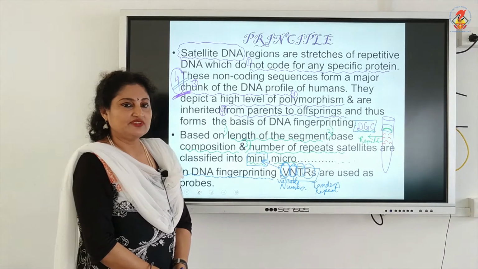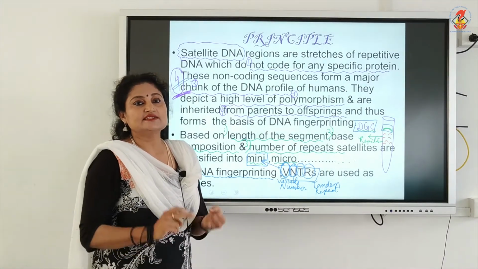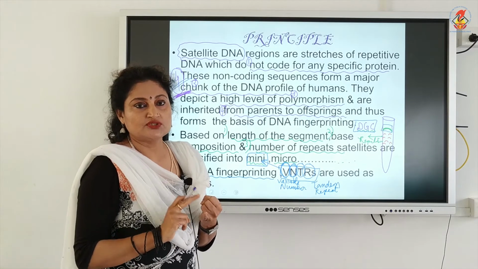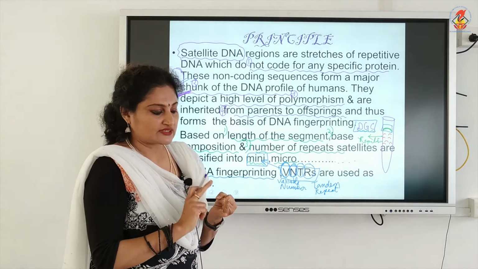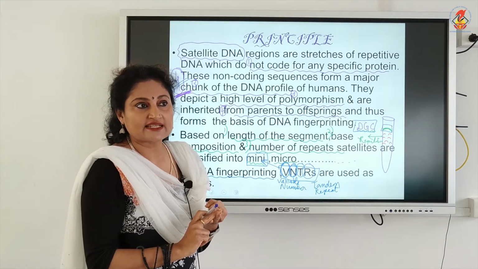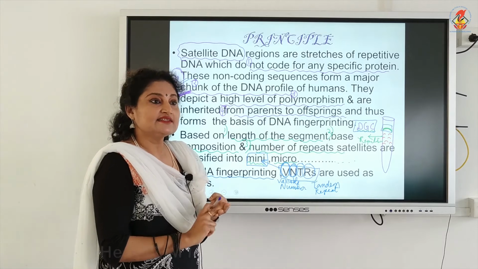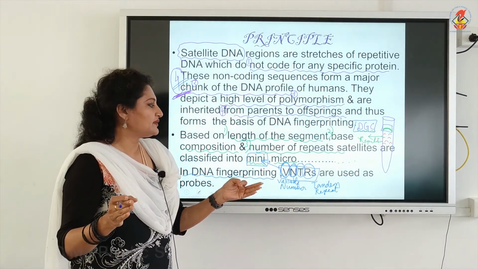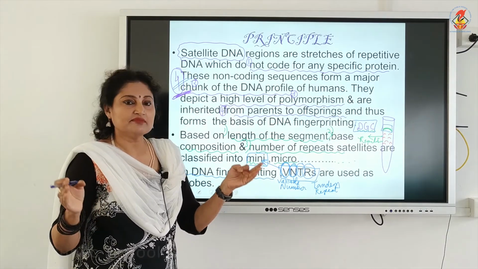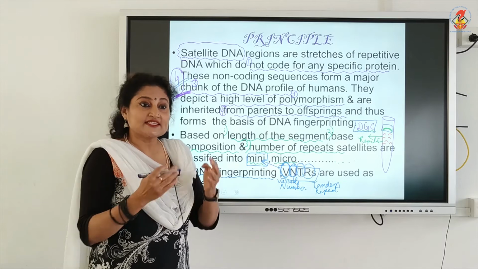So first you must introduce VNTR as a DNA probe which is used in fingerprinting. Second point, it belongs to the class of satellite called mini satellite. And third, you elaborate the abbreviation: variable number tandem repeat. And fourth, you explain what it is.